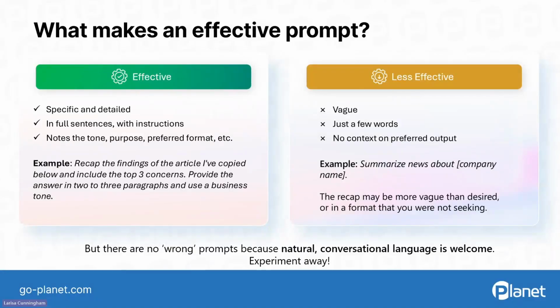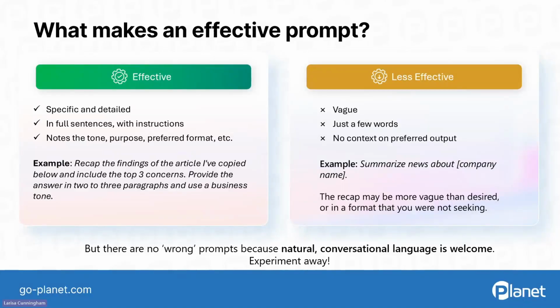So what does make an effective prompt? Effective prompts are going to be really specific and detailed. Typically, they're in full sentences with clear instructions, and they're going to include things like the tone, the purpose, and the format that you're going for. So in this example here, we're looking for findings of the article that's been copied, and we want to include the top 3 concerns, provide these answers in 2 or 3 paragraphs, and use a business tone.